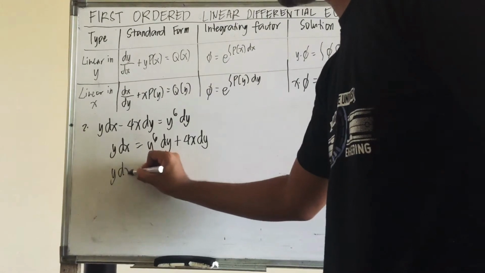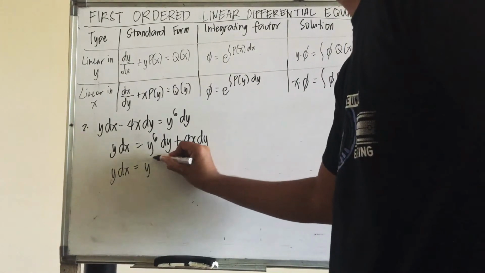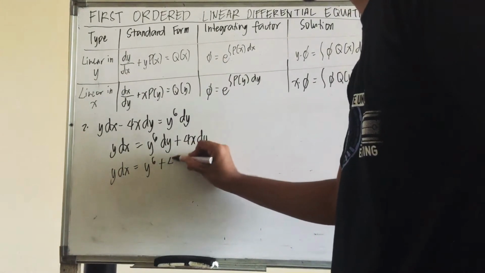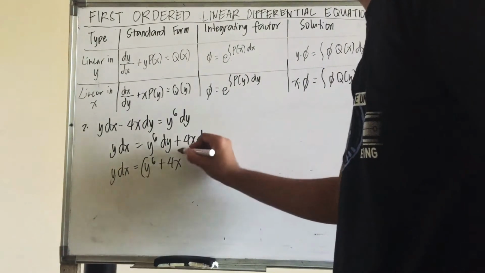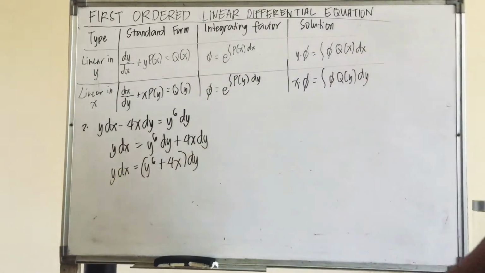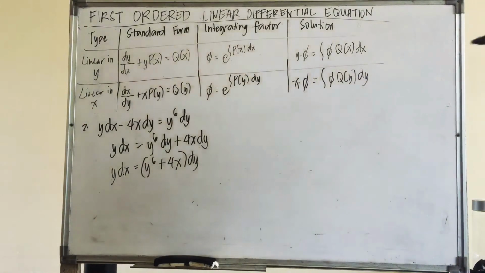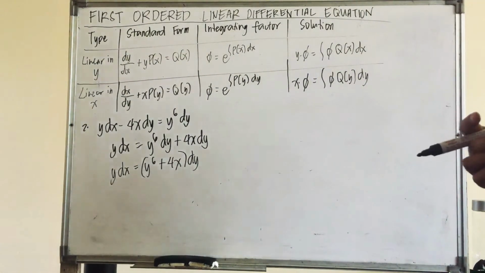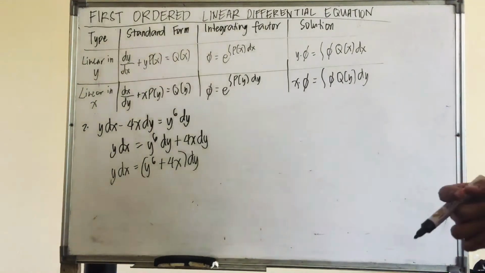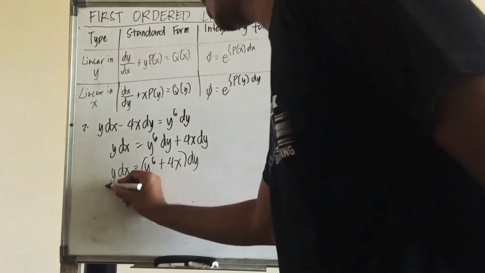So y dx equals the quantity y raised to 6 plus 4x, dy. So divide both sides by y.